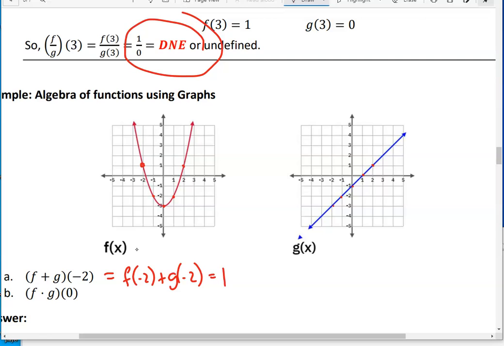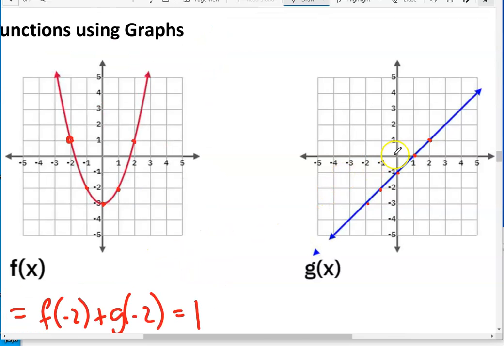G of negative 2, can you see what g of negative 2 is? I find where x is negative 2, and there's where it hits at negative 3. So I know that g of negative 2 is that value, negative 3.